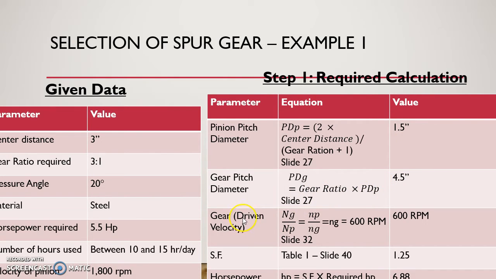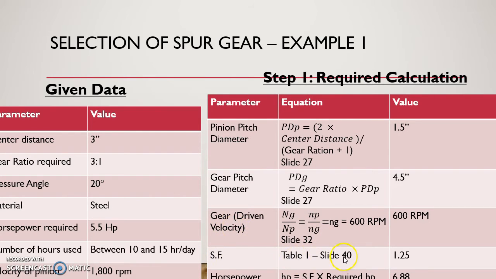Then we can find our gear RPM. The gear is driven, so if we use the gear ratio with the RPM ratio, which is inverse, 600 RPM is going to be our gear RPM.